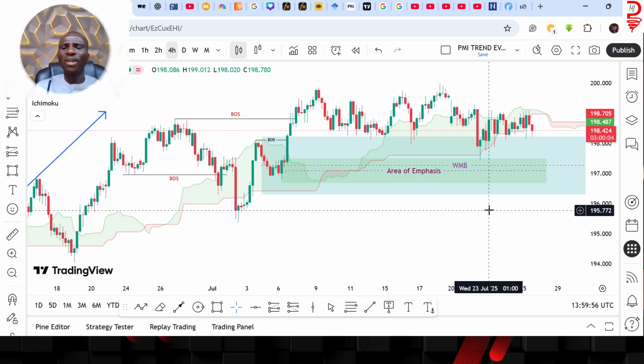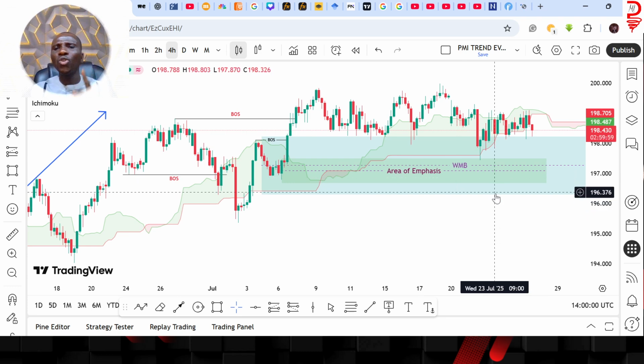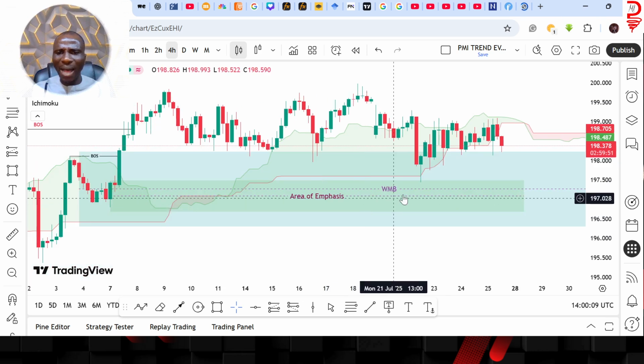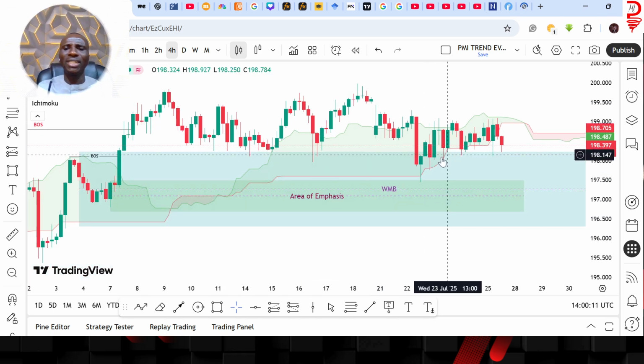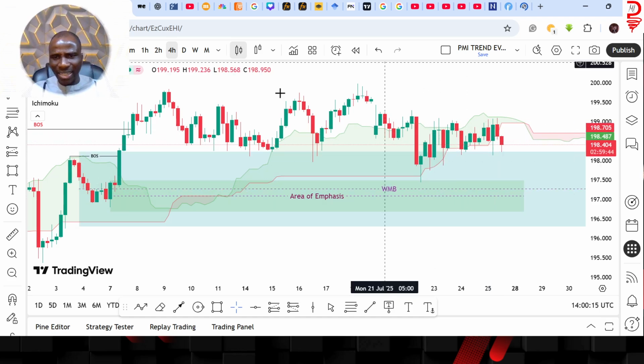You see that now. When the market trades back into the area of emphasis, you are expecting an engulfing candle, and you see that the market traded back into it. This was how we picked the trade for GBP JPY. We are still at the area of entry.